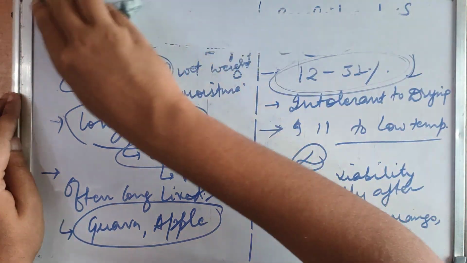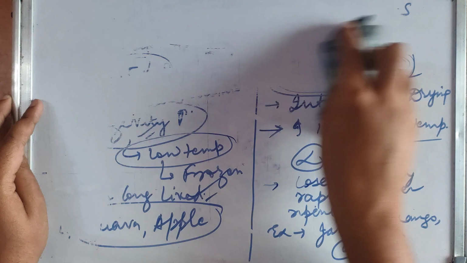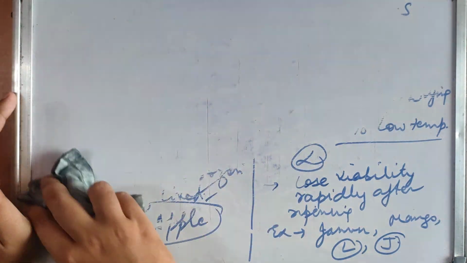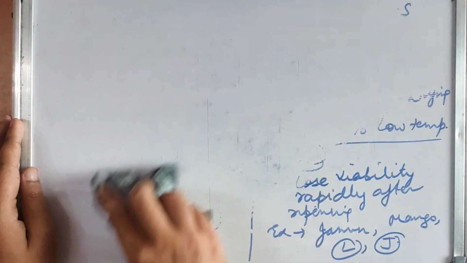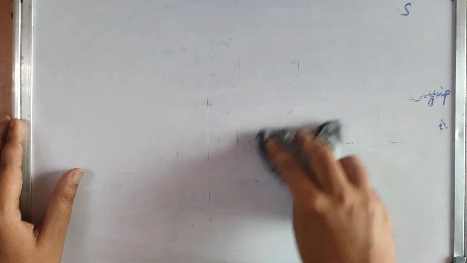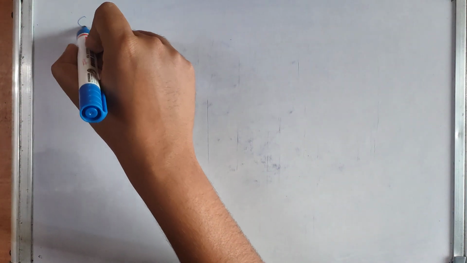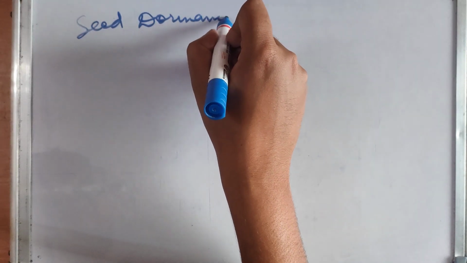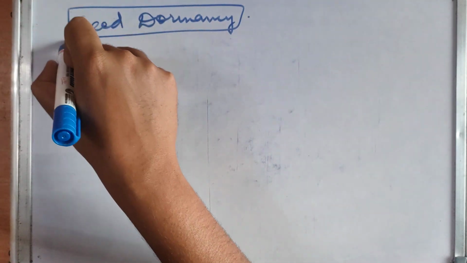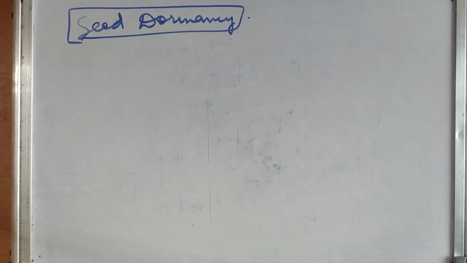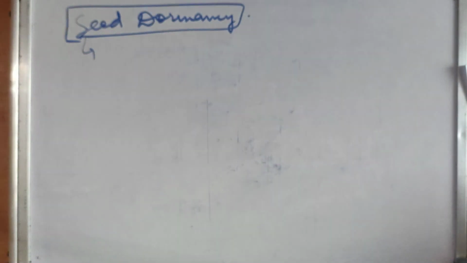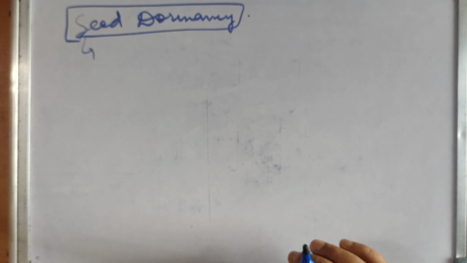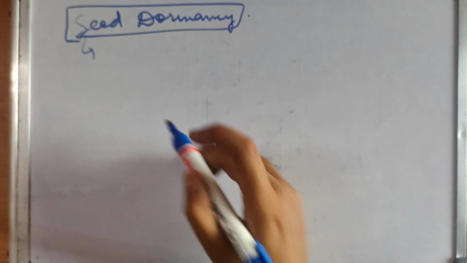Now moving on to the next topic of the session, that is seed dormancy. Seed dormancy is the state or condition in which seeds are prevented from germinating.